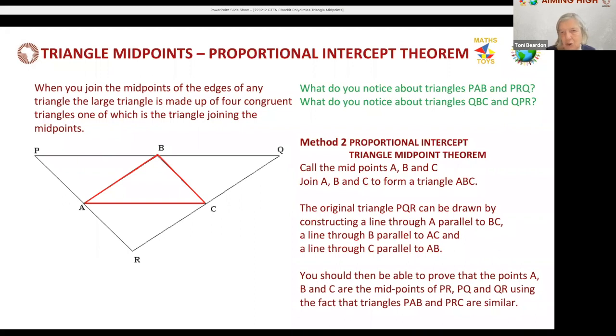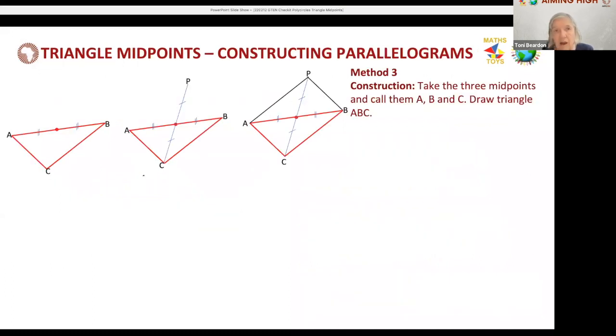So the original triangle PQR can be drawn by constructing a line through A parallel to BC, and a line through B parallel to AC, and a line through C parallel to AB. And you should then be able to prove that the points A, B, and C are the midpoints of PR, PQ, and QR, using the fact that you've got similar triangles or enlargements, which is what we've just been talking about. Okay, over to you, Mary.